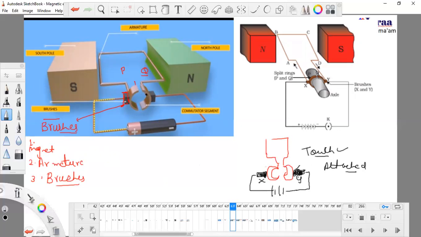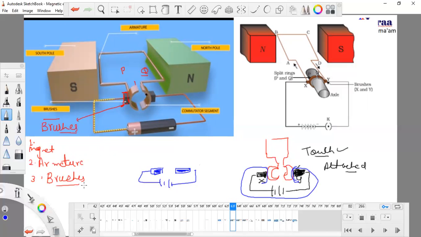Okay, so these carbon brushes are black in color and they are just in contact, but not attached. These carbon brushes and this entire part, if I draw it like this, this part is also non-movable.